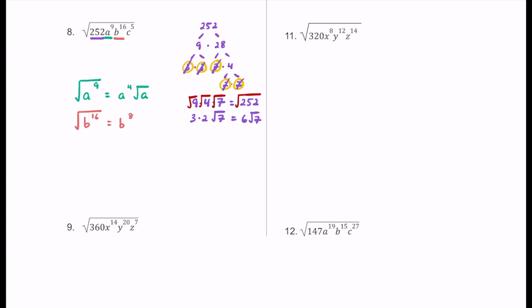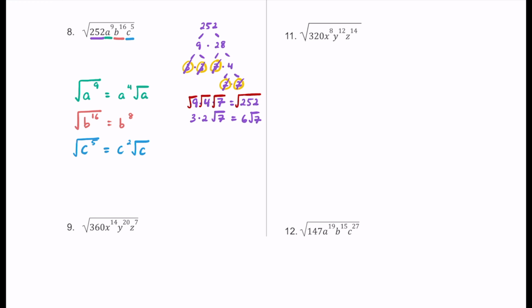It's a perfect square. And then finally the c to the 5th power. Unfortunately, that is an odd exponent, so something's going to be stuck inside. If we take away 1, that's c to the 4th. The square root of c to the 4th power is going to be c to the 2nd power. And then we still have an extra c that doesn't get to come out here. Okay, so see if that makes sense.